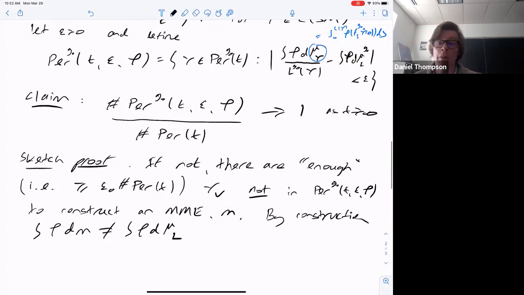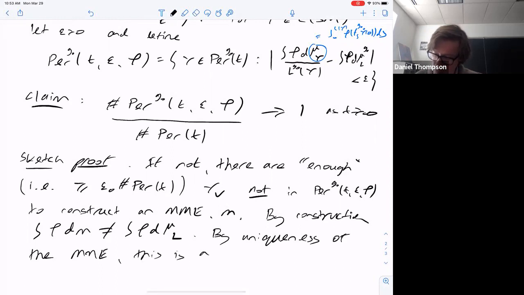Like I said, this is a couple of lines of proof, but there's a big black box that we're about to hit it with: by the uniqueness of the measure of maximal entropy, this is a contradiction. So here's a nice place where that big abstract uniqueness of measures of maximal entropy proof for hyperbolic flows came up. And remember, that's a serious proof, taking several lectures and quite a bit of theory.